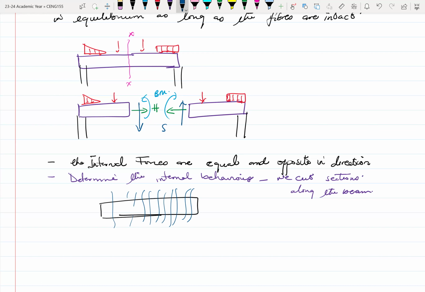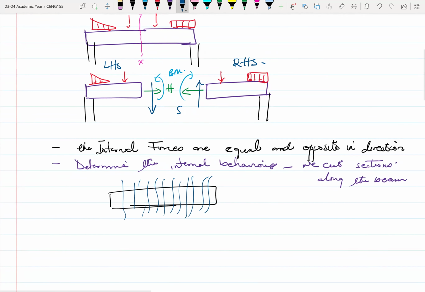Every time you cut it, you have a left-hand side and then a right-hand side, okay? So when you are cutting a section along the beam, it means that you are trying to focus on a point. So let's say this is point 1, point 2, 3, 4, 5, 6, 7, 8, 9, 10, right? So at every point, you are looking at the internal behavior.